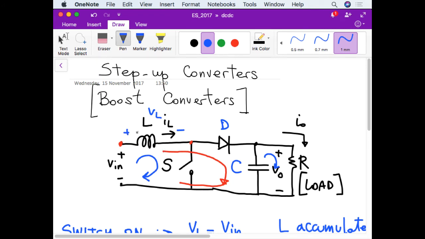The current that goes through the inductor during the off, when the switch is off, is also the current that goes through the load, right? So what we can write is the following: the average current that goes through the inductor during T off is also the average current that goes through the load.